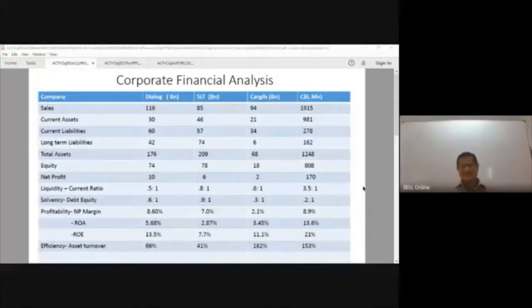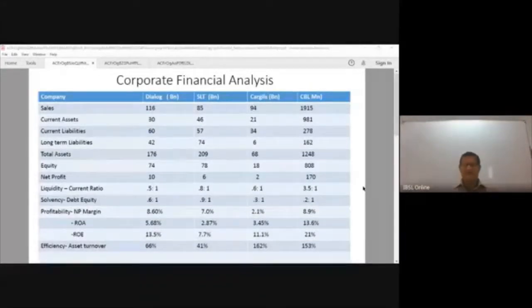SLT is in the same business. They have 209 overall assets, and still they have made 6 billion. You can see even SLT, in the same line of business, doesn't carry much, but they have postpaid packages.